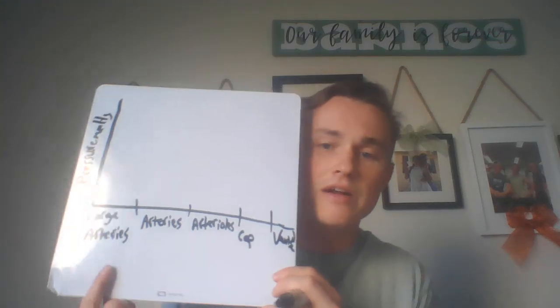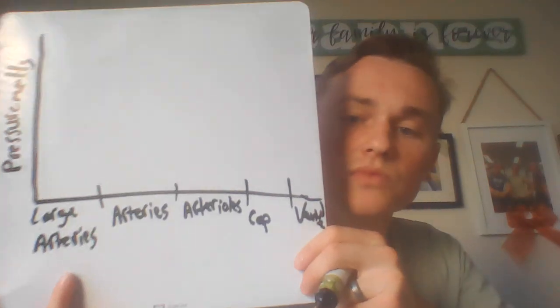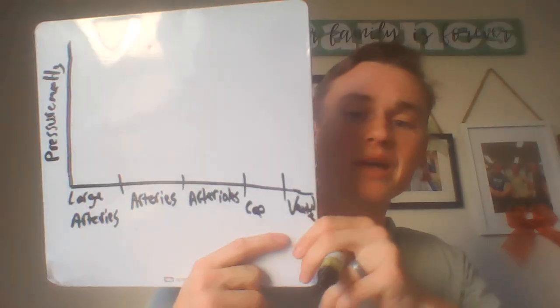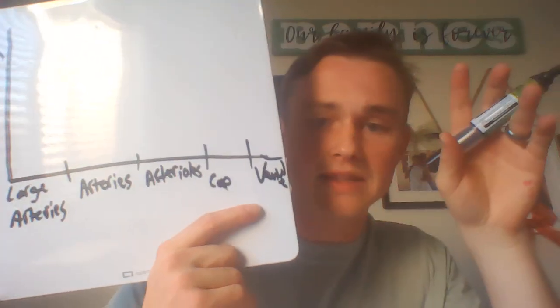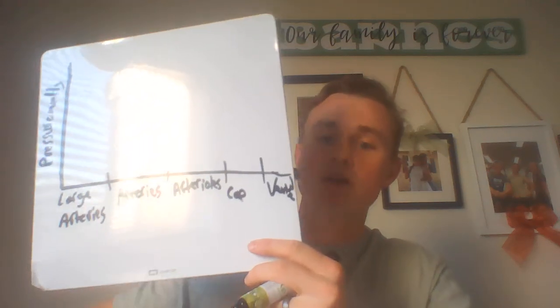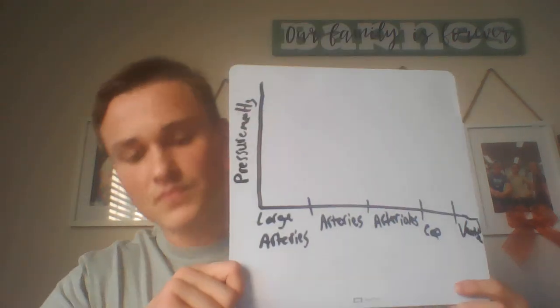I'll just put cap for short. And then at the very end, we'll have venules. So that's the hierarchy of some blood vessels, going from largest down to smallest. I didn't put veins or anything like that. We're just assuming that we're looking at the system that's going from the heart to the rest of the body.